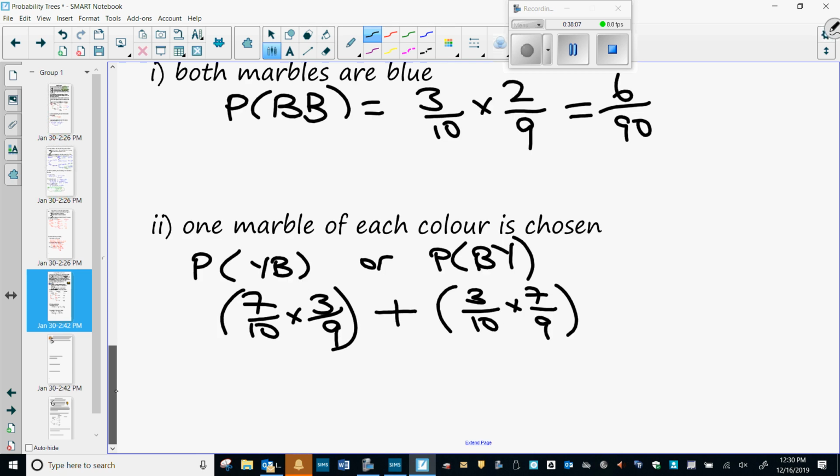So this is where I'm saying that if you use your calculator to do some of this, it starts to get a bit more complicated. It's much easier to just keep it as fractions. So here we've got 21 over 90 plus 21 over 90, which is 42 over 90. See, we multiplied and then added.